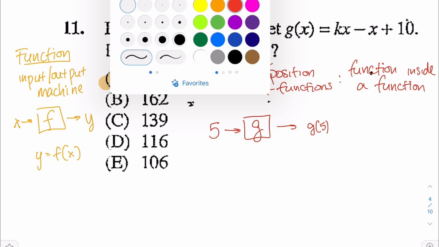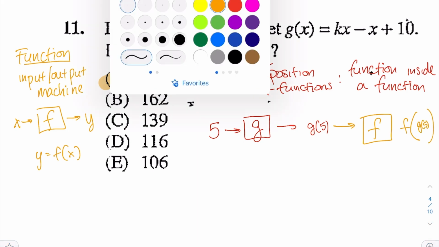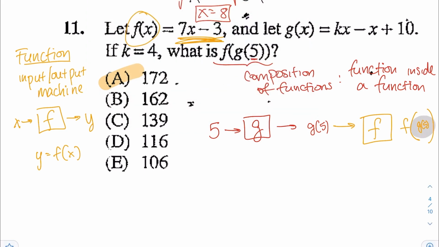But then you'll take this output, and you'll put it inside the function f, and you'll get f of g of 5. So the output becomes the input.